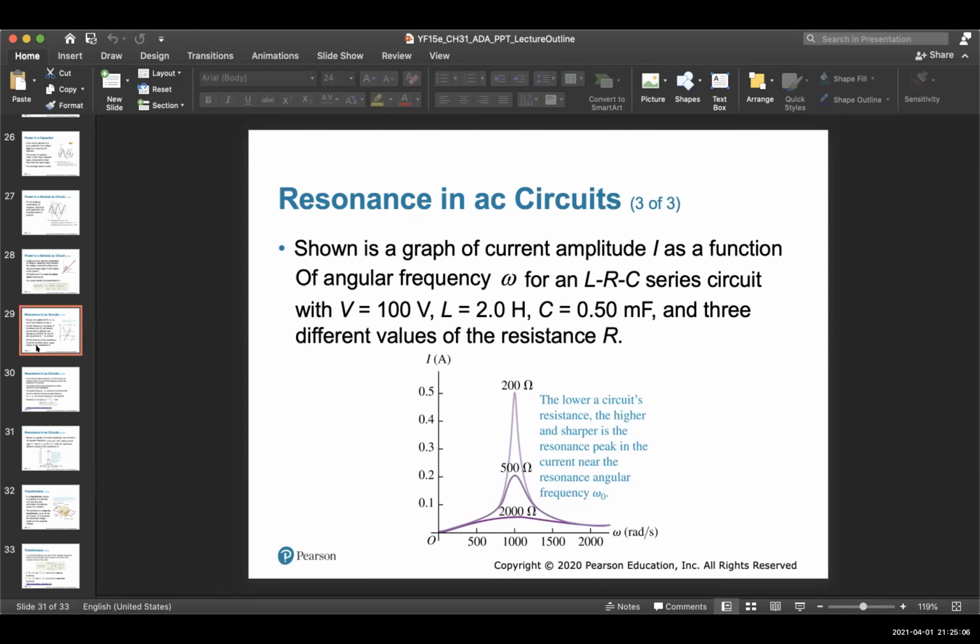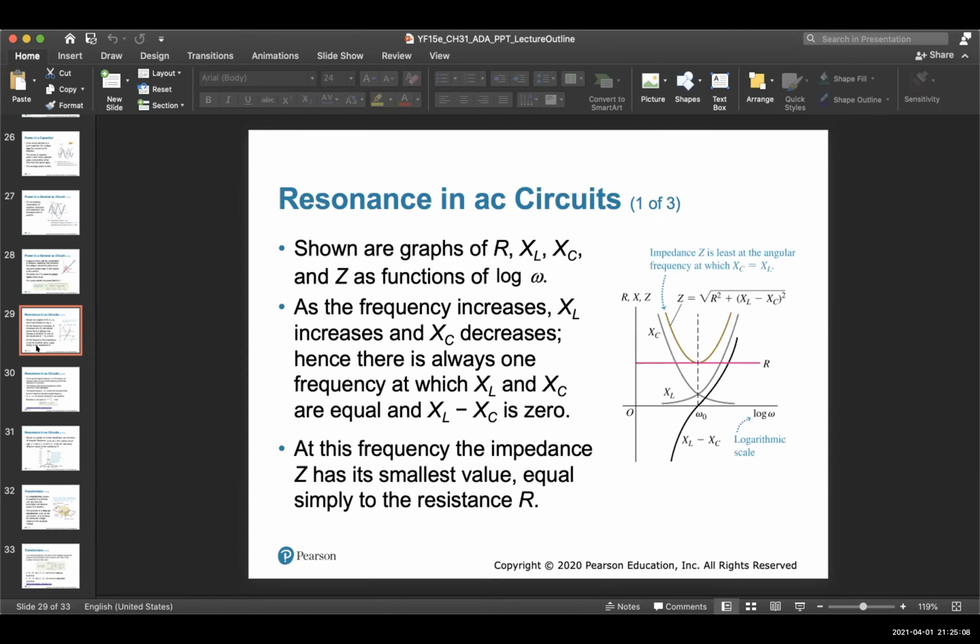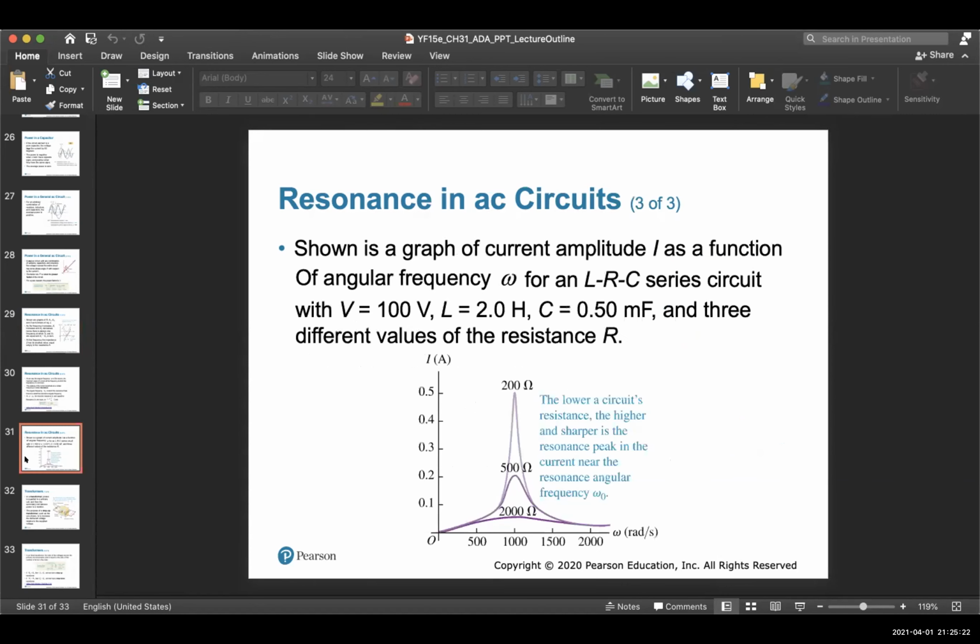Resonance just means that the two reactances are equal. Never mind what the resistor's doing. The lower the resistance, the stronger the peak. We saw that.